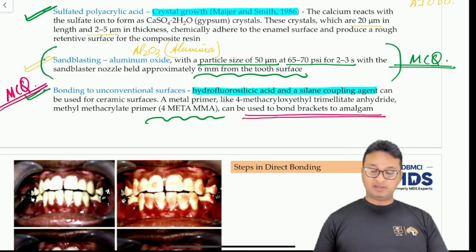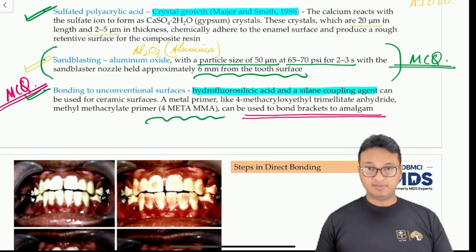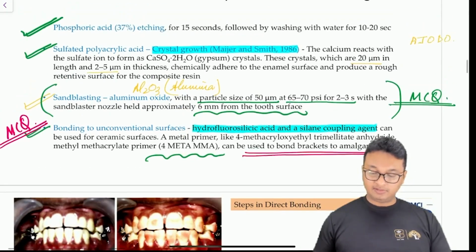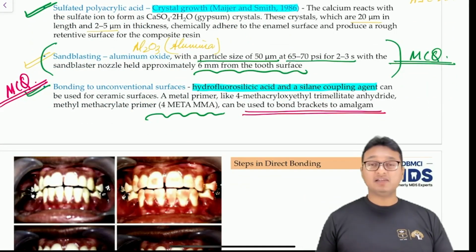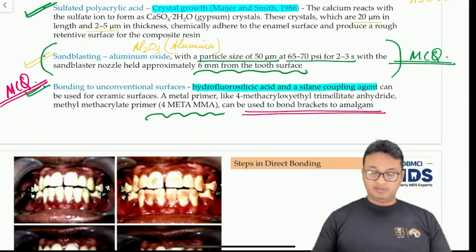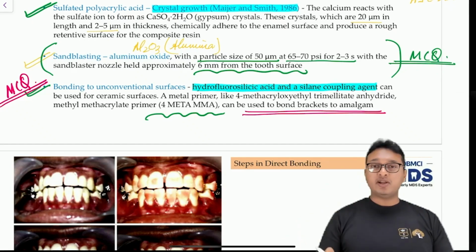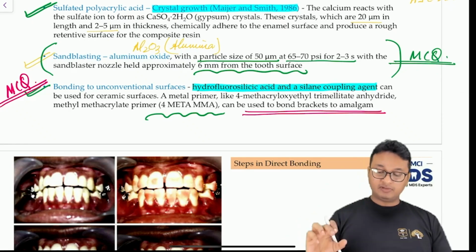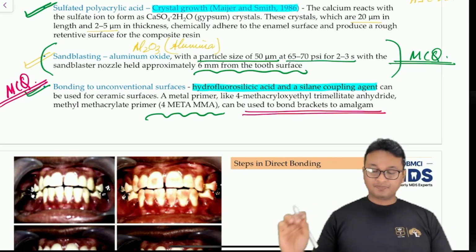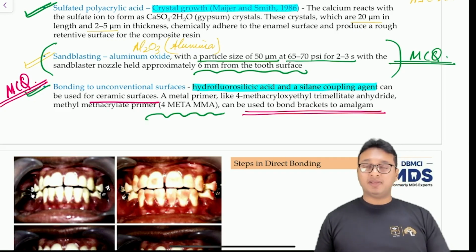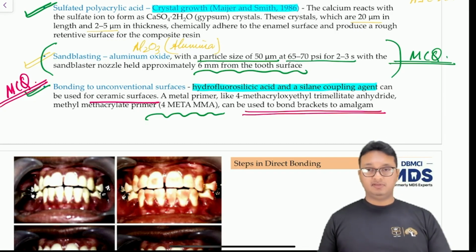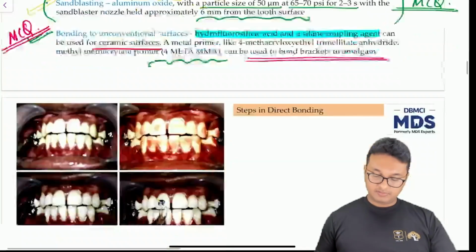I cannot do anything about it. You need to remember these terms, these molecules, because I've seen certain MCQs coming directly from this particular slide. That's why I have made it a point to incorporate these particular chemicals: hydrofluorosilicic acid and silane coupling agent for ceramic surfaces, and 4-META-MMA for amalgam surfaces. Okay, so please make a note of it.